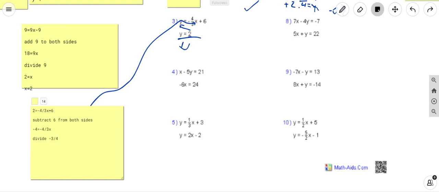Okay. So we multiply it by 4 times 3 over 4, which would equal, then x would equal 3.